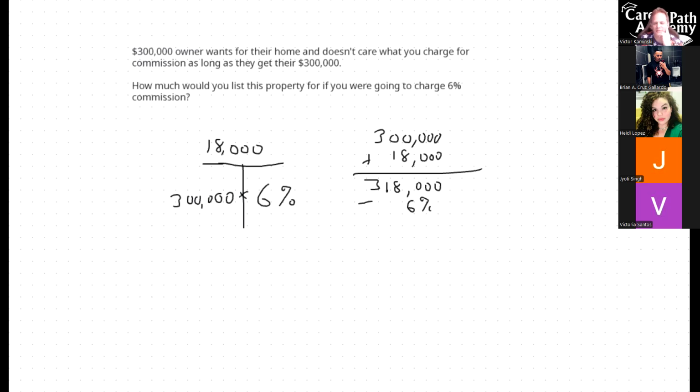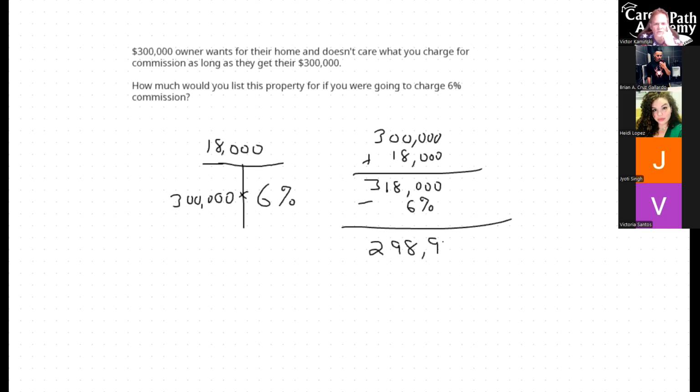And what do you get? 300,000? You're plugging it into the calculator. 318,000 minus 6% equals 298,920.